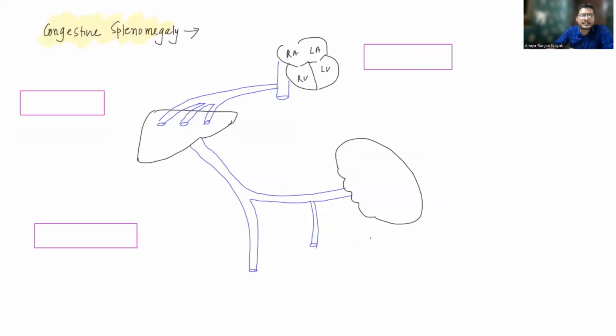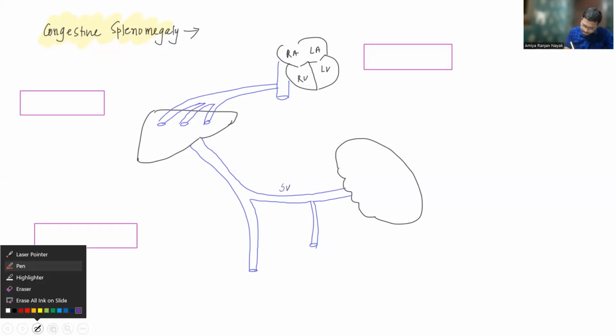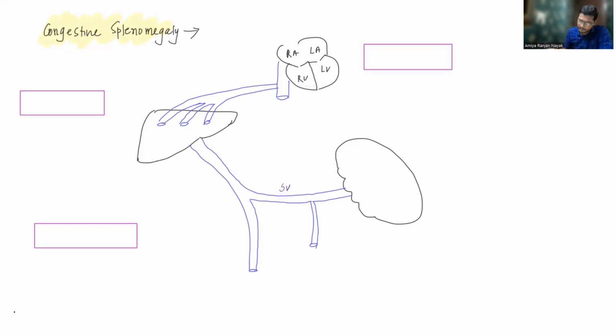Coming to the next condition, that is congestive splenomegaly. Congestive splenomegaly means in this condition there will be congestion of the spleen, because of impaired venous drainage. Now, if you see here, this is the splenic vein, as we have discussed previously. After coming out of the spleen, the inferior mesenteric vein will join the splenic vein.